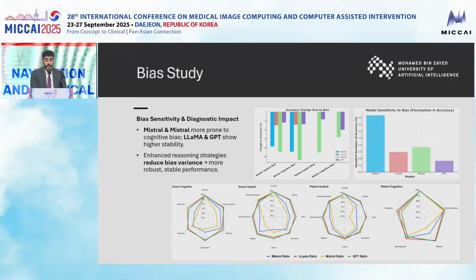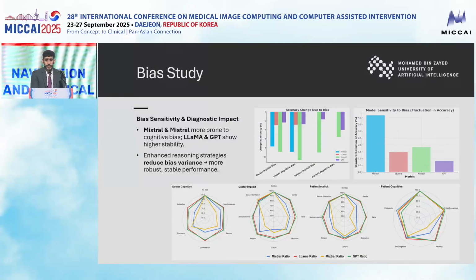We've also done an ablation study on how large language models powering our agents respond to biases, both cognitive and implicit. A cognitive bias refers to systematic reasoning shortcuts like confirmation bias or recency bias. We've also got implicit biases, which reflect hidden associations such as gender, race, or background.